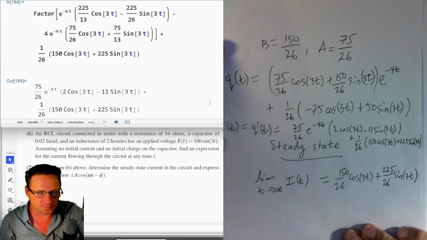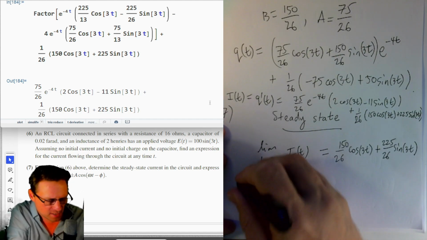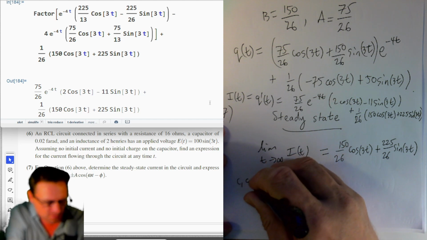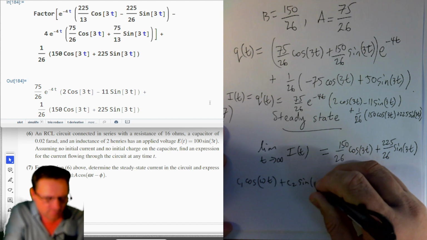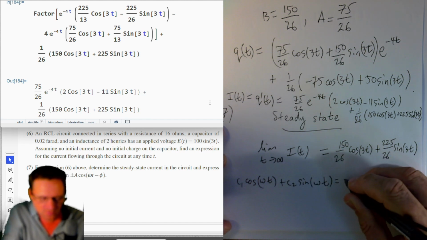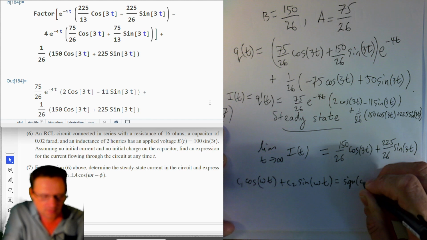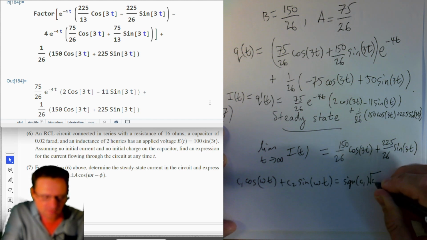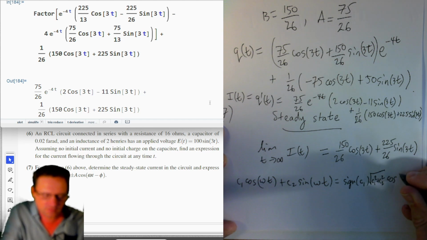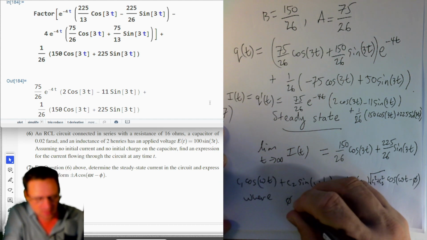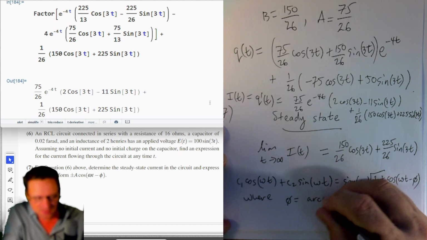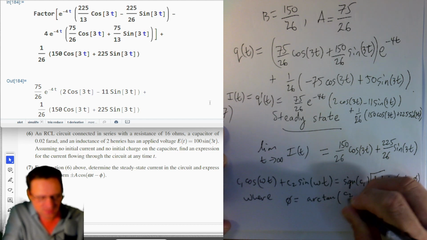Okay, and so let's just take a note here that C1 cos of omega t plus C2 sine of omega t is equal to the sign of C1 in brackets square root of C1 squared plus C2 squared cos of omega t minus phi, where phi is equal to the inverse tangent, arctan, of C2 over C1.